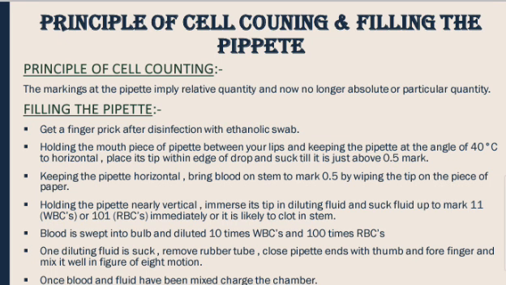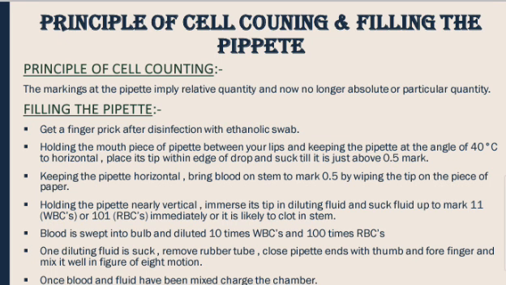Then, holding the pipette vertically, immerse its tip in diluting fluid and suck fluid up to mark 11 for WBCs or 101 for RBCs immediately, or it is likely to clot in the stem. This step is done very immediately, or the blood will clot.